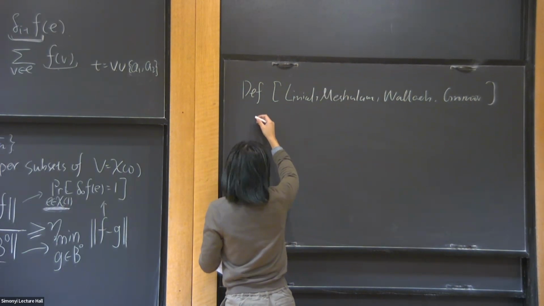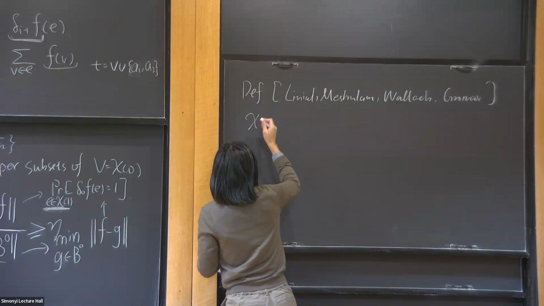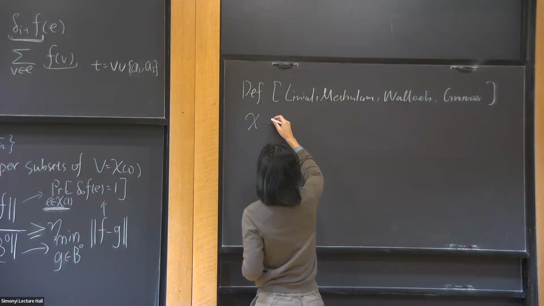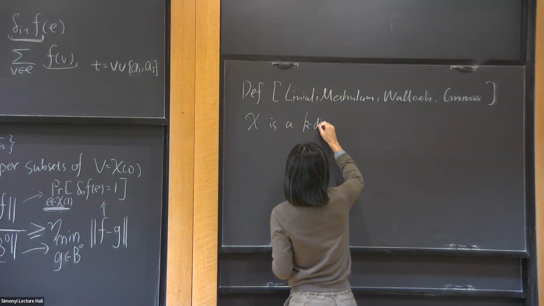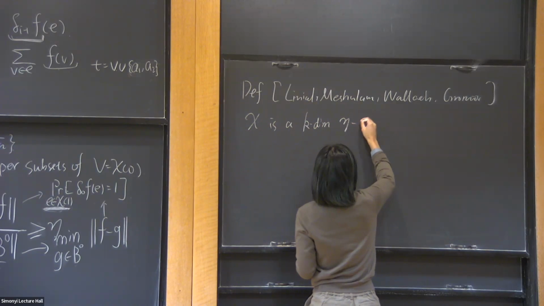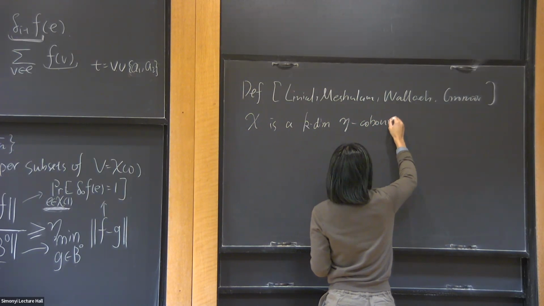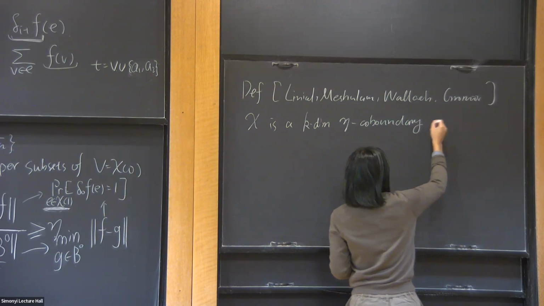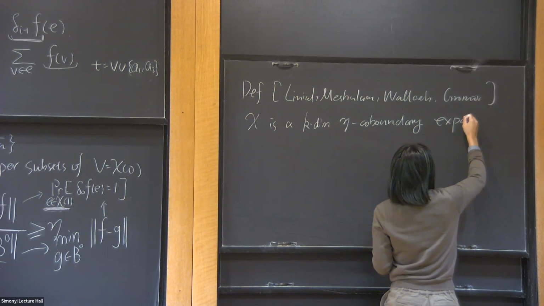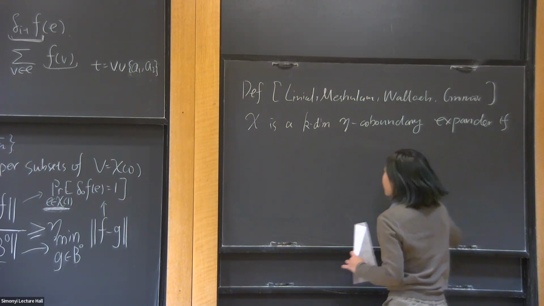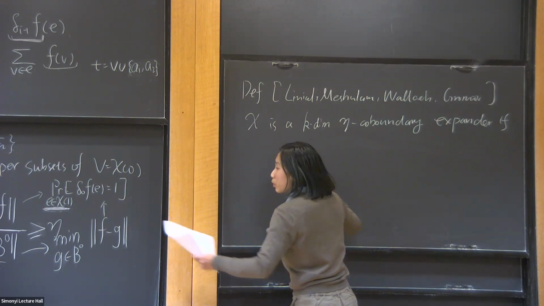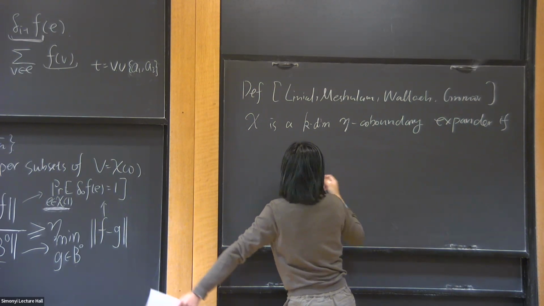Okay, so the definition goes as the following: a simplicial complex X is a k-dimensional eta coboundary expander if the following holds. Basically, we replace the 0 by k everywhere.